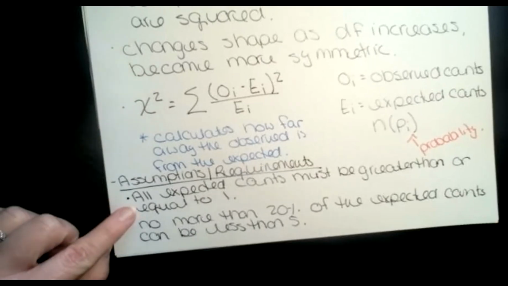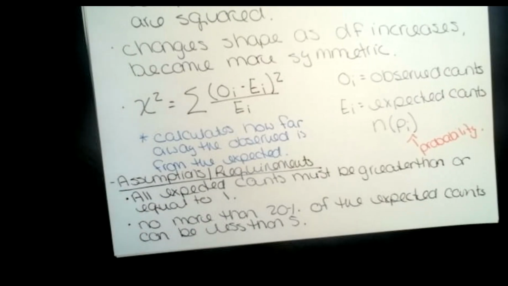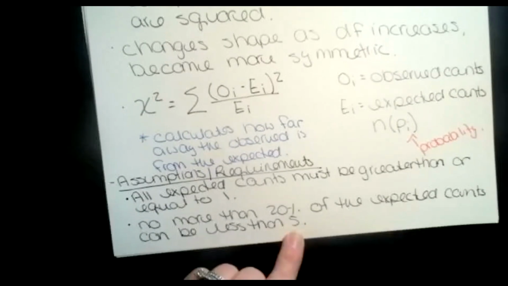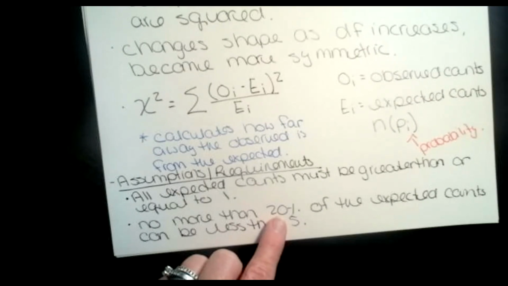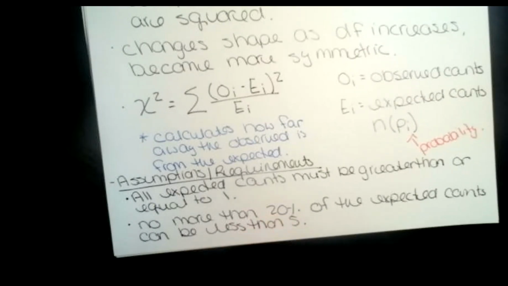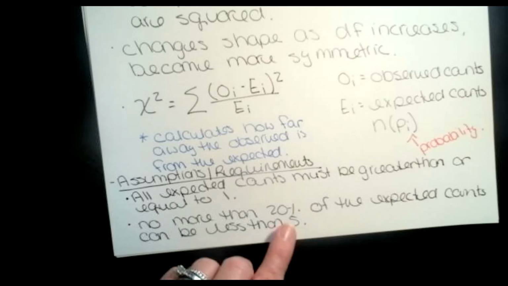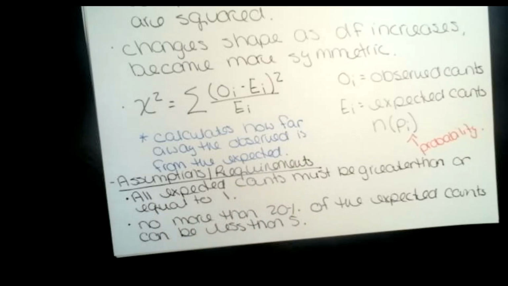So I need them all to be greater than 1 for the expected counts, and no more than 20% can be less than 5. This is more than just a quick skim-through, because you need to know what is 20% of what you have. We'll go through it so you can get it. It's still very quick. You just have to know whether that means one box can be less than 5, or 2 of them, or 5 of them. So you have to know what that 20% is. And then you can quickly check it.